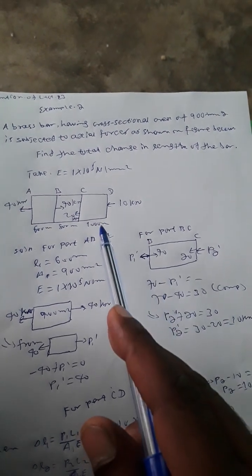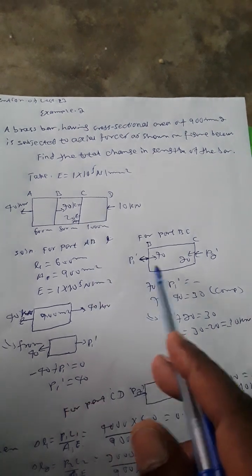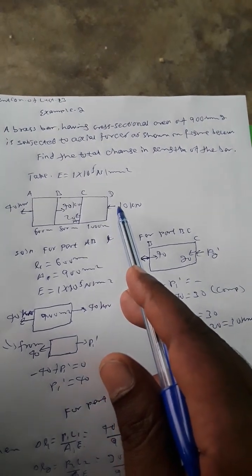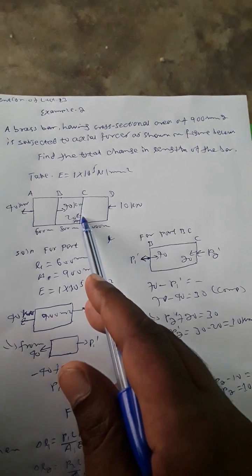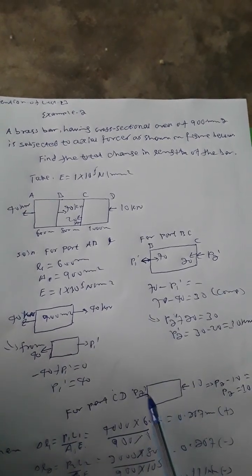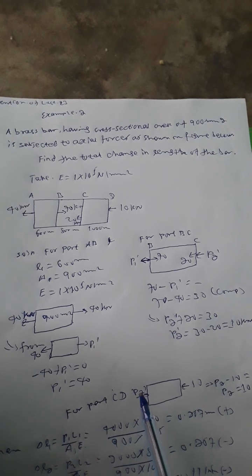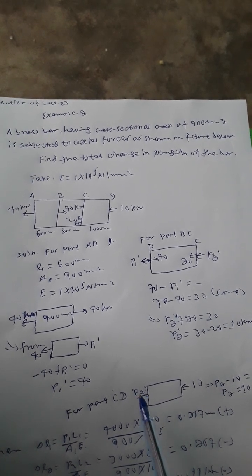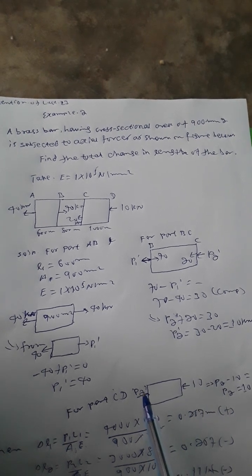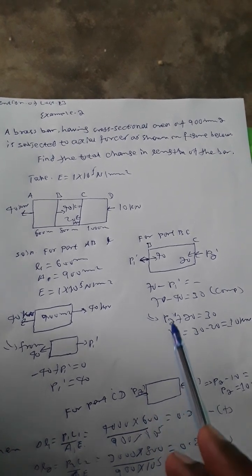From this, for part 2, at this point, 20, and this is 10 kilonewton. P2 prime is compressional force.